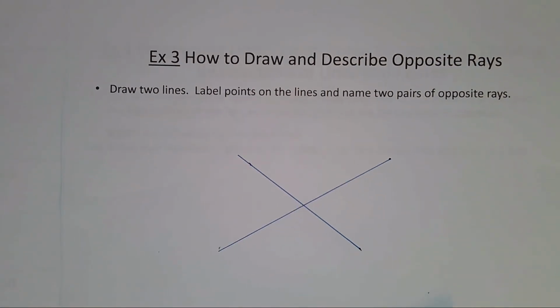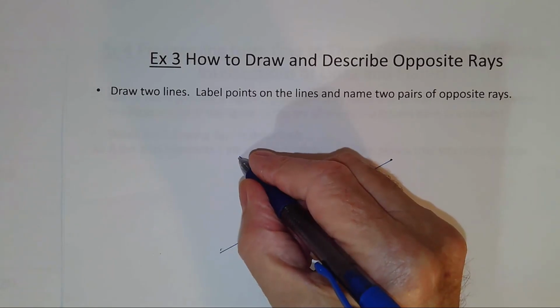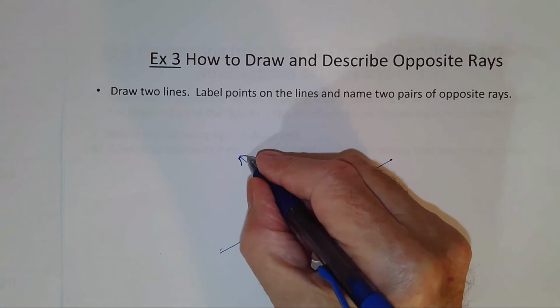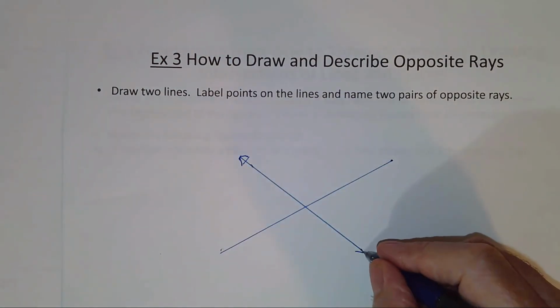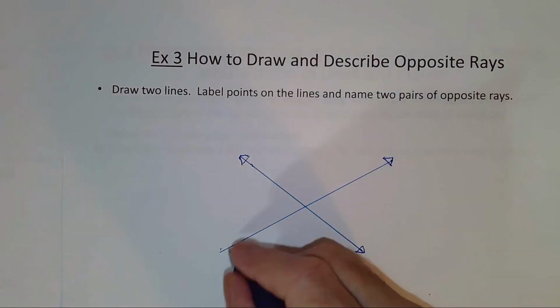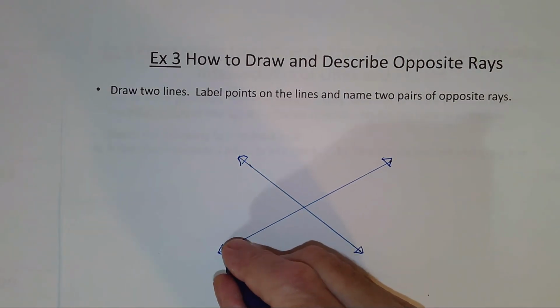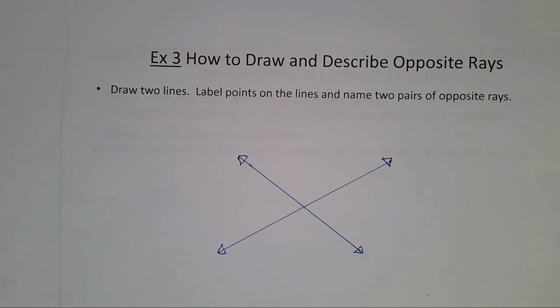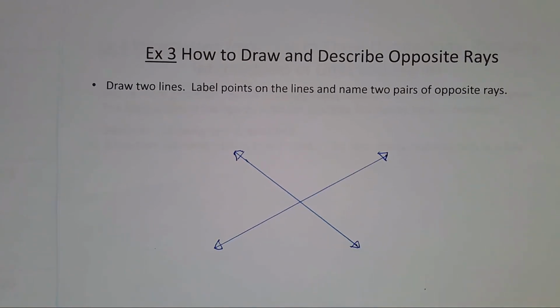Now, they're lines, not line segments, so I got to put an arrow on the ends of these. If I don't put the arrow on, they're just line segments. Okay? Now, they want you to label the points.